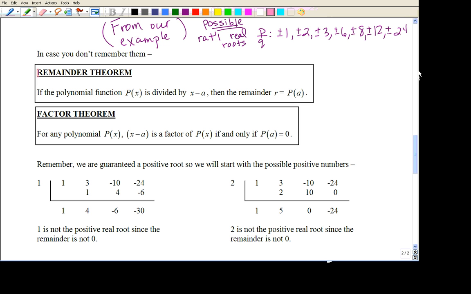We have the remainder theorem and the factor theorem. The remainder theorem states that if the polynomial function p of x is divided by x minus a, then the remainder is equal to that function when we plug in a. In other words, we saw this whenever we were looking at synthetic substitution.